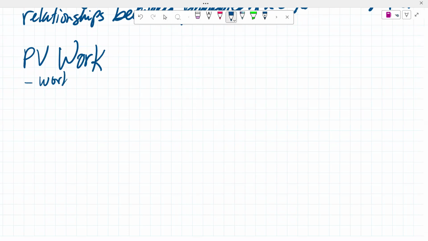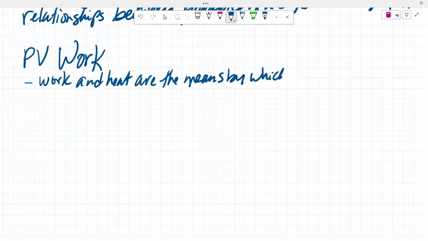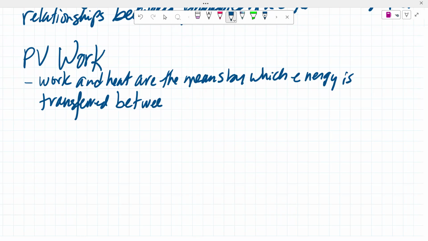So this has, of course, a lot to do with energy, which we talk about all the time, and which is always in the news about climate change and so on.